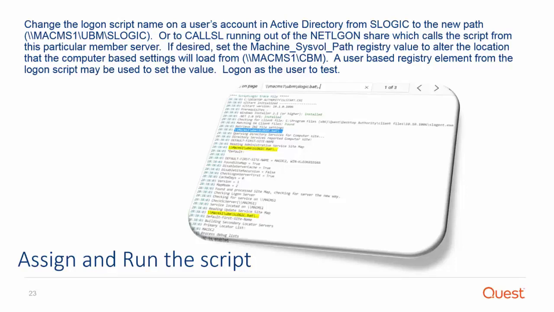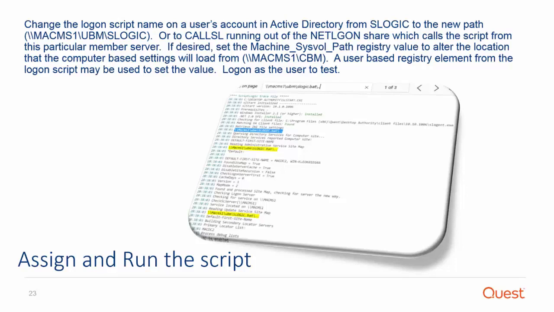I can put my server name and my share and SLogic there to call it directly from that member server I just installed it to. Or I can create another batch file and put that out in netlogon, which also calls the script from this server. It's my choice.